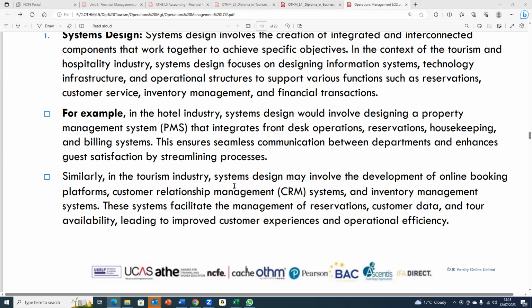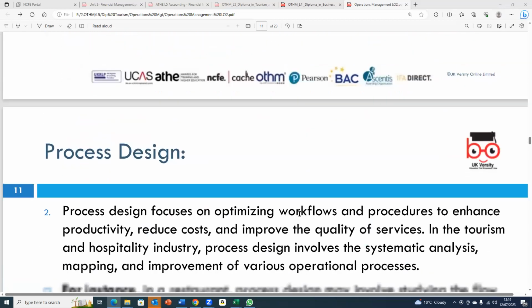So you don't have to go ask something from people. You can use a CRM, which is customer relationship management, inventory systems that we talked about on the first page or so. So all this systems design is very important, so that the customer experiences operational efficiency, and making sure that the operations are done very smoothly.